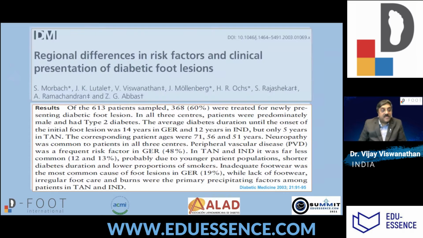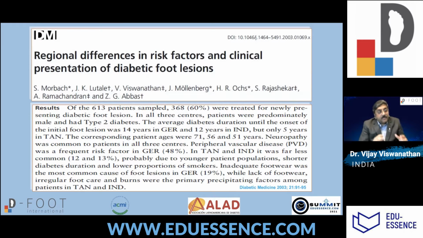I would like to start with this slide where we compared the amputation and risk factors for diabetic foot in Germany, Africa, and India. So there are three continents across the world, and this was published in 2003 in Diabetic Medicine, as you can see here.